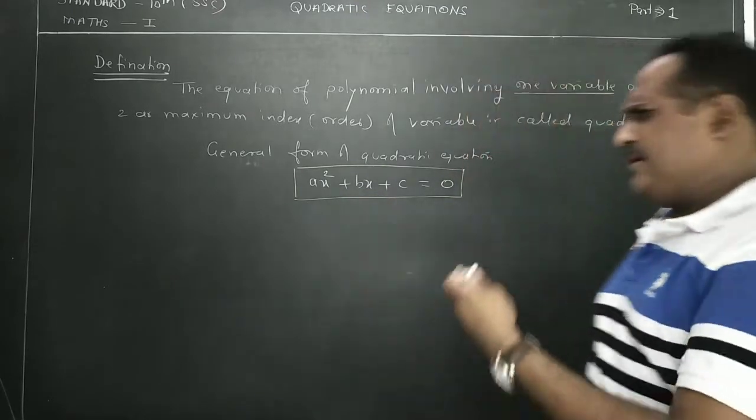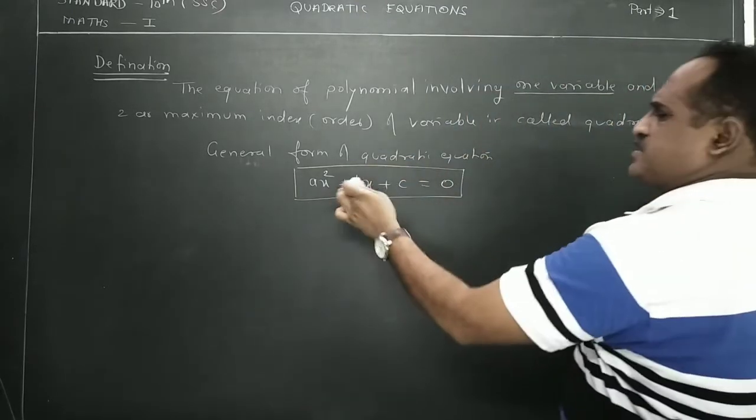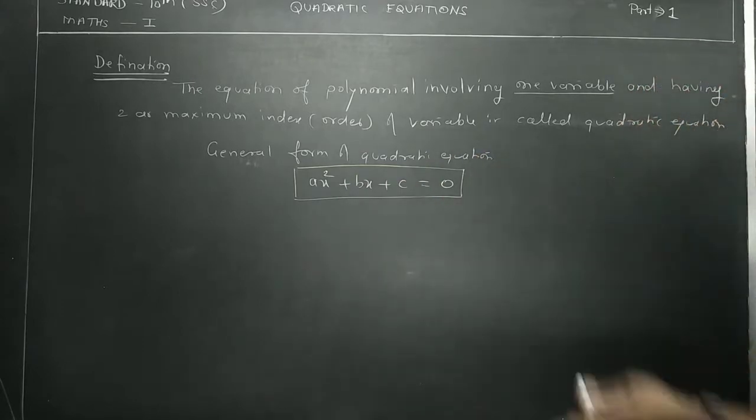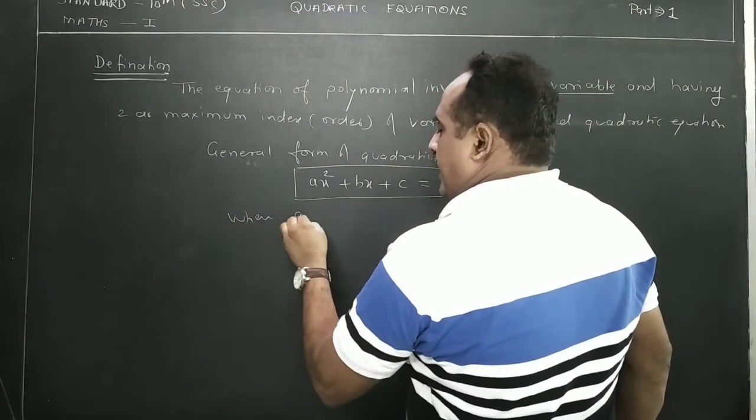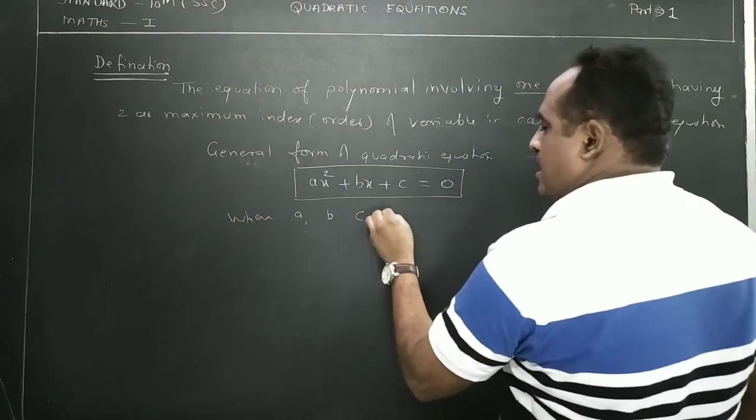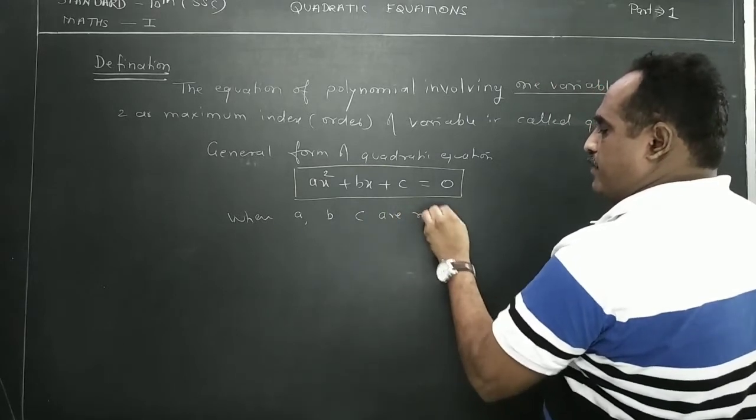You can use y, then it is ay square plus by plus c, or m, then am square plus bm plus c, where a, b, c are real numbers.